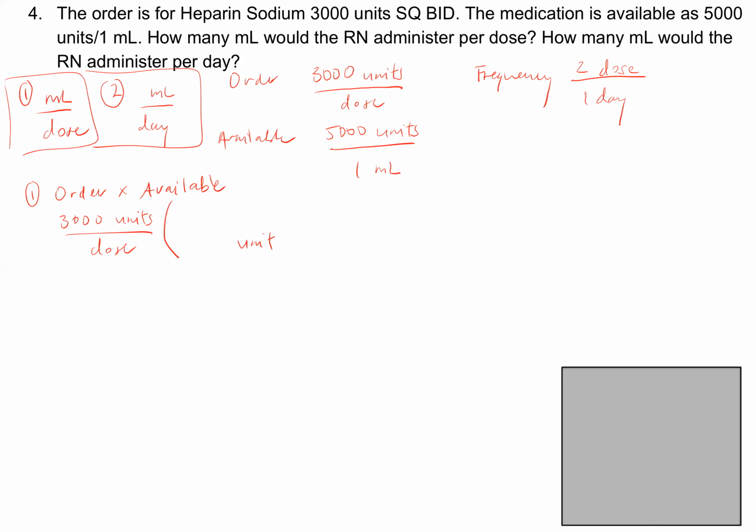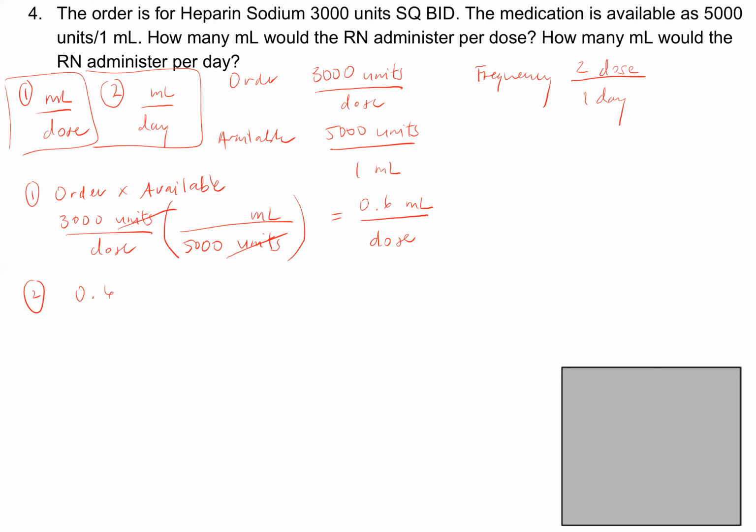Fill in your numbers. You're going to use your calculator. 3,000 divided by 5,000 is 0.6 mLs per dose as the first part of the answer to the question. And then your second part is looking for mLs per day.